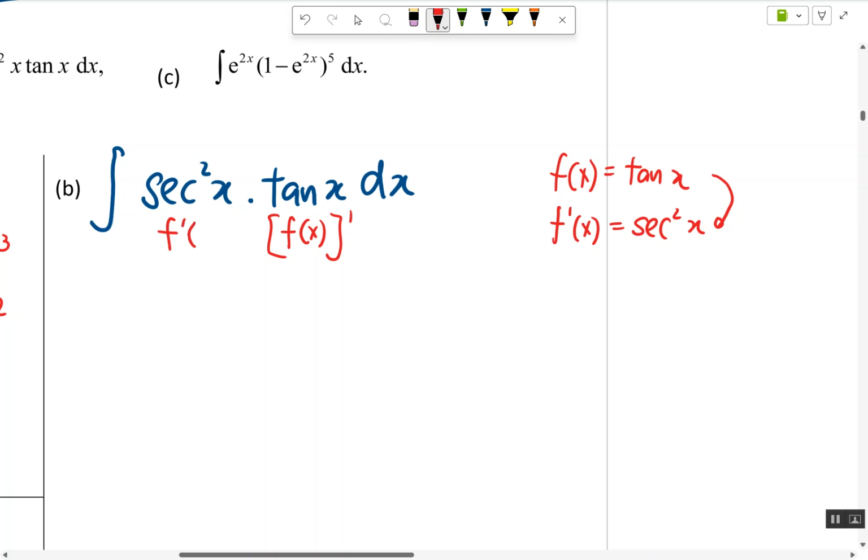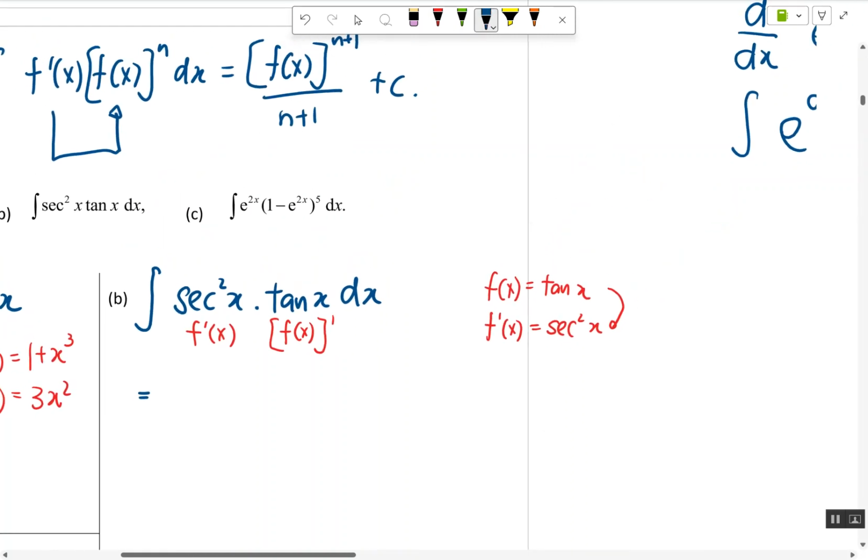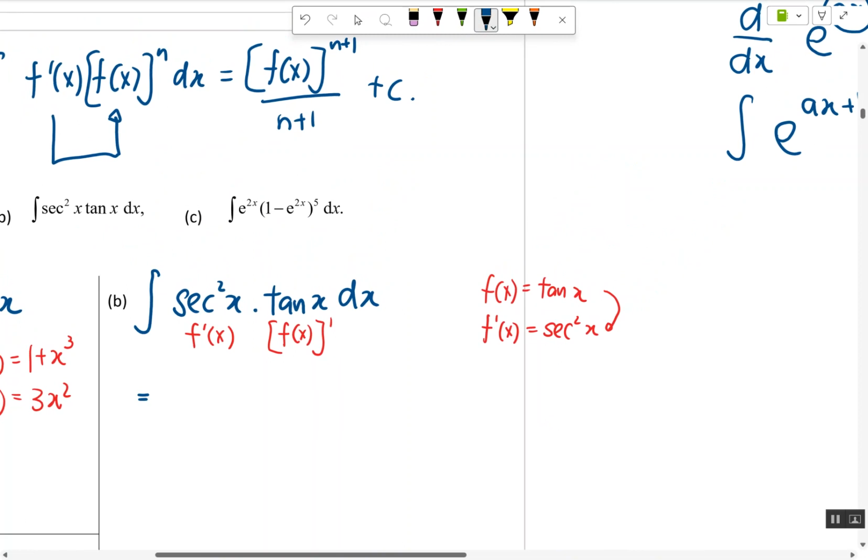This is f prime x. Now when I integrate this, applying this to your question, the integral of this is tangent square x divided by, what is the new power? 2, plus c. And that's just the answer. Half tangent square x plus c.